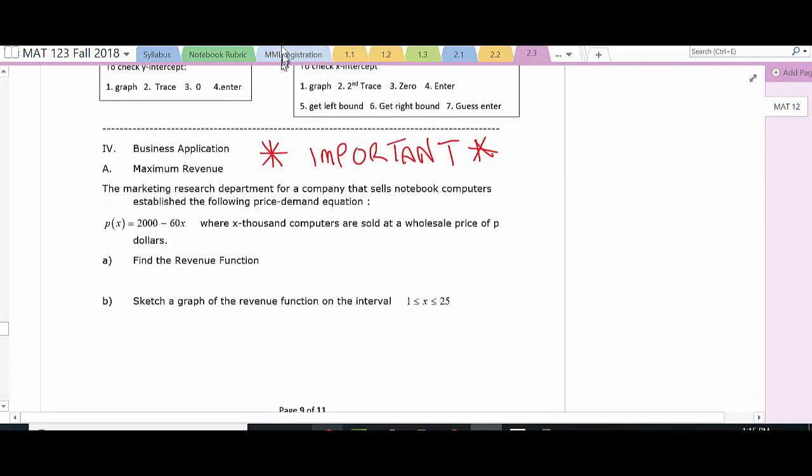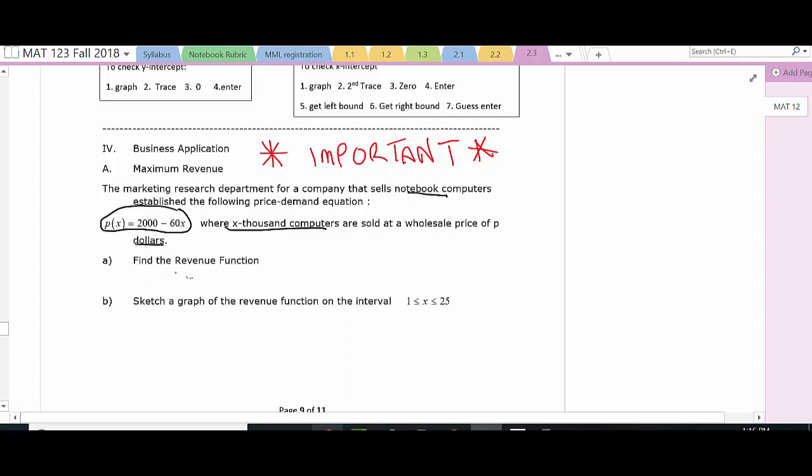Okay, so what this particular problem is saying is you have a marketing research company selling notebook computers, and this is your price demand function. X is the number of computers in thousands, and the wholesale price is P dollars. A lot of these formulas, we'll talk about next week.